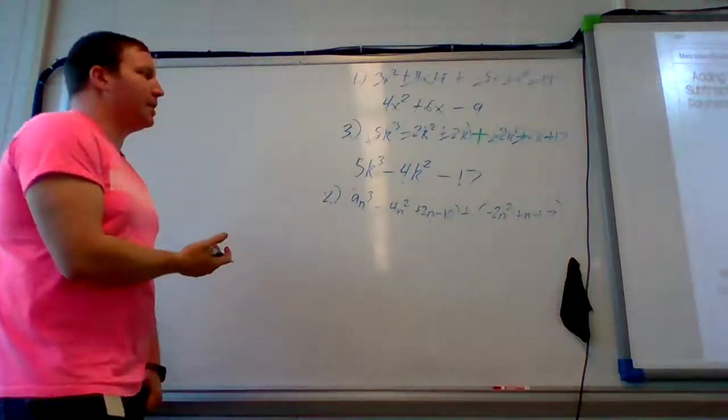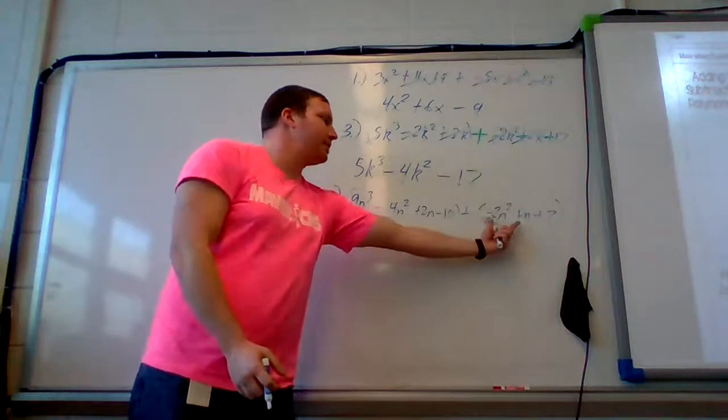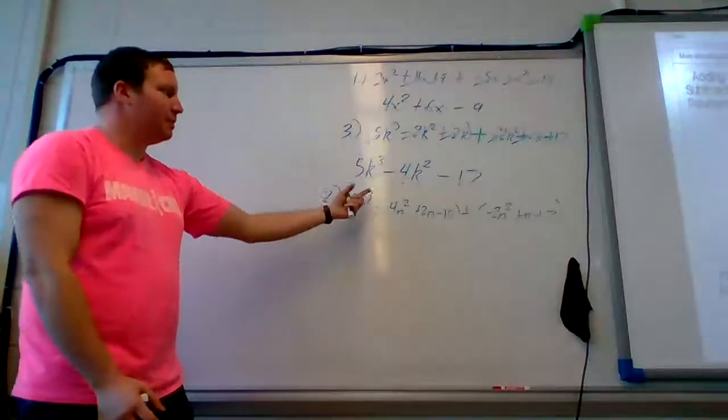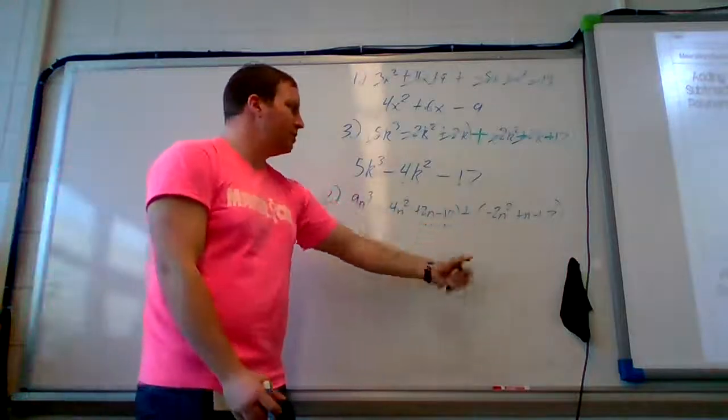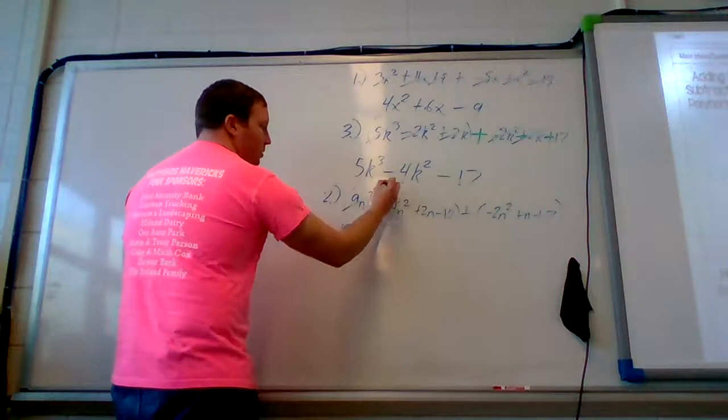Again, this is an addition problem, so we're not going to change the signs of anything. We're just going to combine our like terms. Start with the highest degree. In this case, we have that n cubed. So start off with 9n cubed. Mark it out.